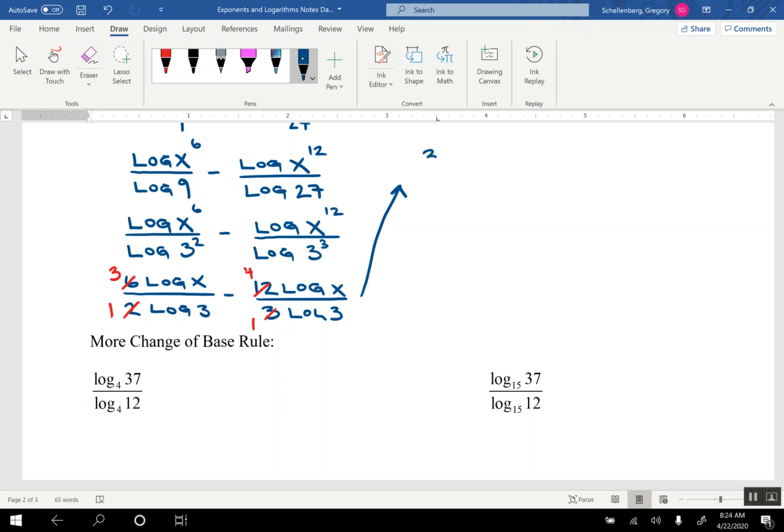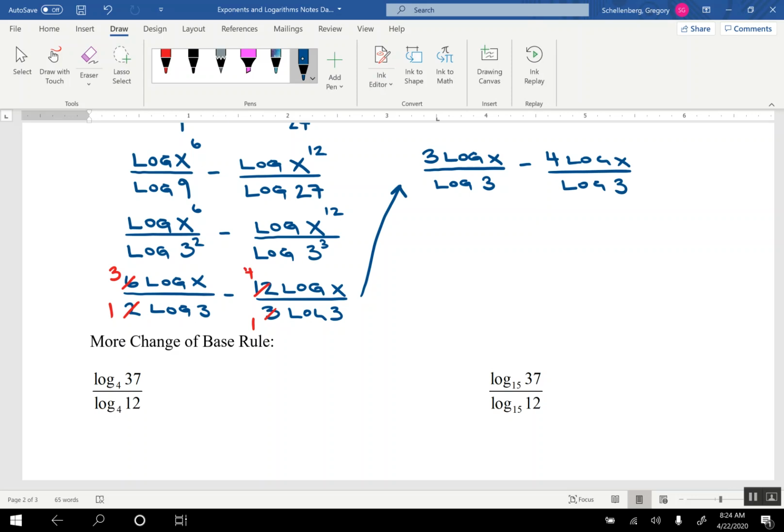So in our next step here, this is what we're working with. We've got 3 times the log of x divided by the log of 3. And we're going to subtract 4 times the log of x divided by the log of 3.